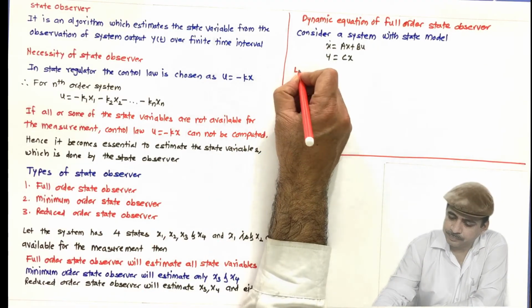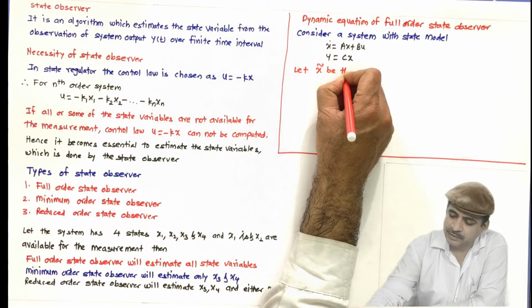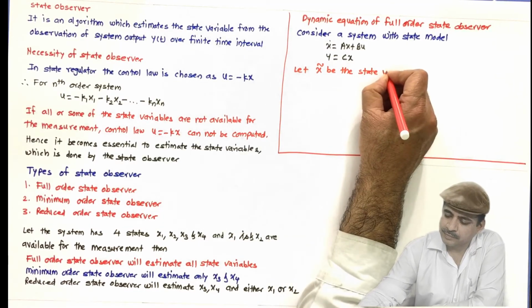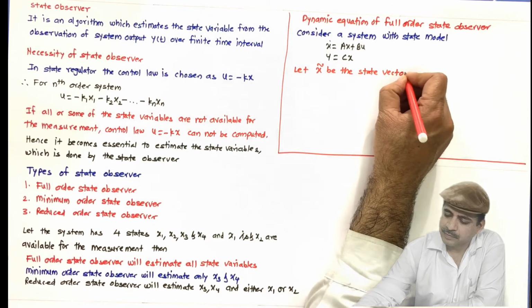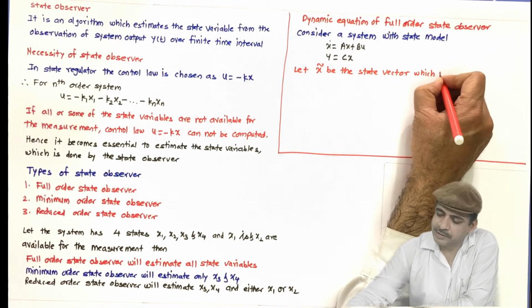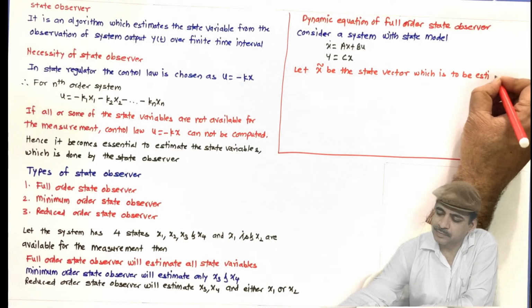And let x tilde be the state vector which is to be estimated.